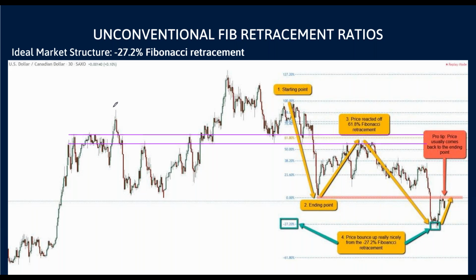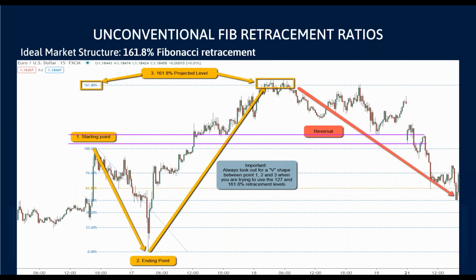If you guys are clear on negative 27.20 Fibonacci retracement, let's move on. Now I'm going to talk about the next unconventional Fibonacci retracement ratio, which is the 161.80.